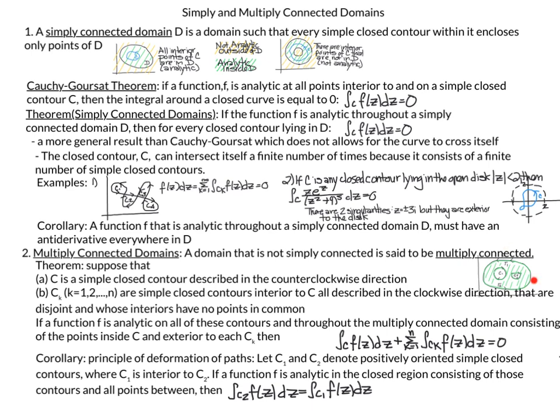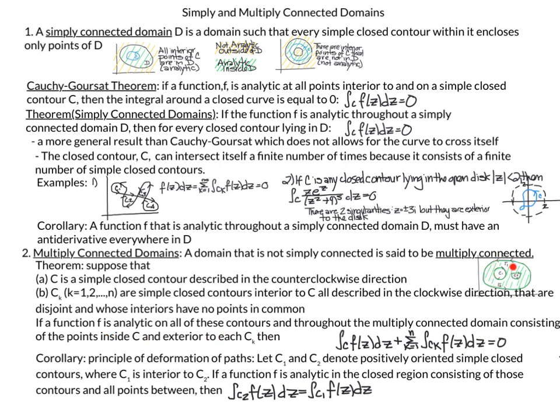And we have this tiny drawing here. C is our big contour. C1 and C2 are contours that go the opposite direction, totally inside our contour C, right? Because the Ck are all interior to C. Then what this says is the function's analytic at all points inside C and exterior to Ck.